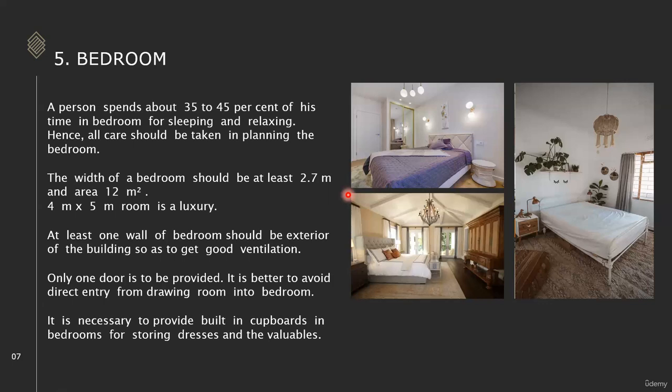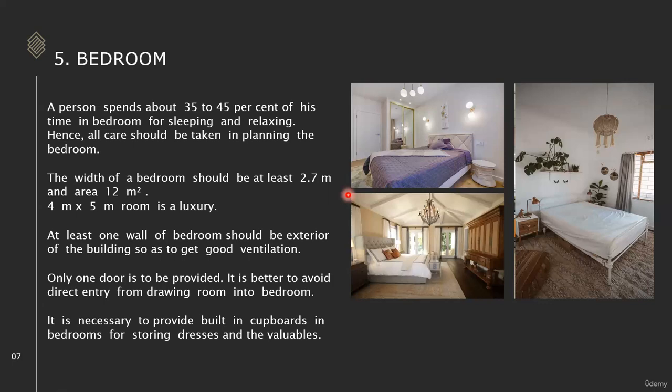Always keep in mind the position of the window and the position of the door. They should be well maintained in a good direction so that privacy is maintained properly. These are the important thoughts while planning the bedrooms.